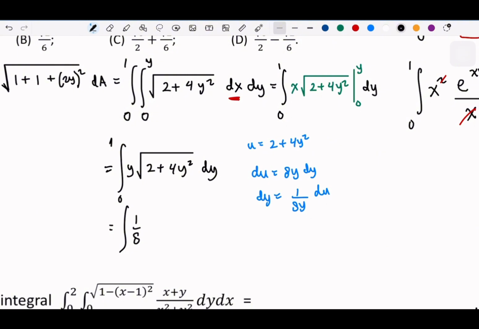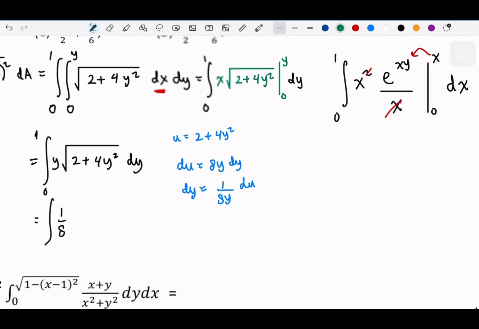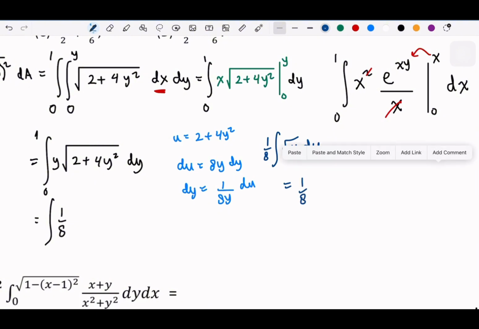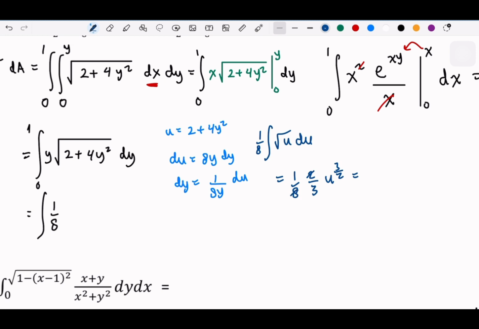Okay, and then let's say I will write in another page just to evaluate this, the square root of u du. This will be 2 over 3, 3 over 2, so 1 over 12.